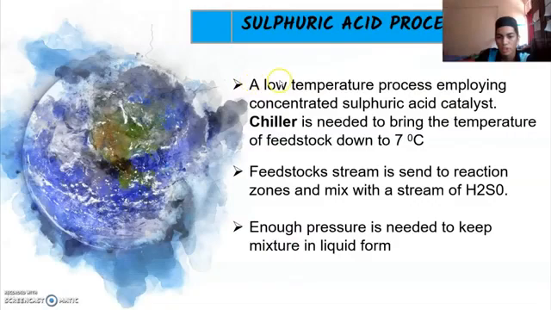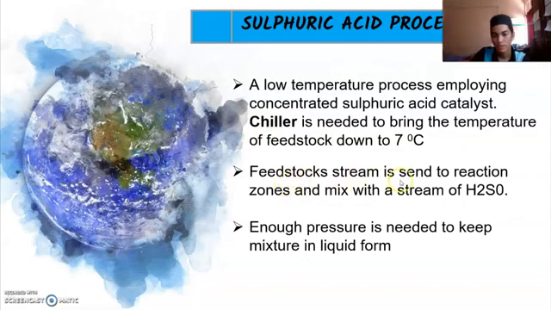So it is a low temperature process employing a concentrated sulfuric acid catalyst. The chiller is needed to bring the temperature of the feedstock down to 7 degrees Celsius. The chiller is like a refrigerator.